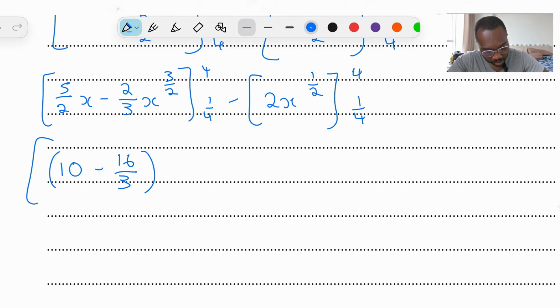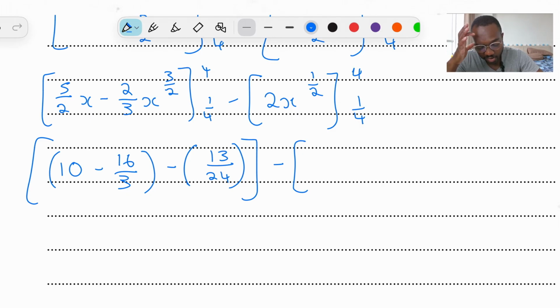Okay. And then if we do the same thing, but we put in 1 over 4, at this stage, I would say it's easy to put it onto your calculator. And if you do that, you get 13 over 24. Okay, and then now let's do that second bracket. For this one, 2 times the square root of 4, that's 2, so we get 4.